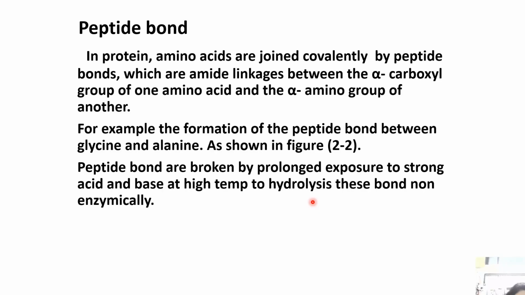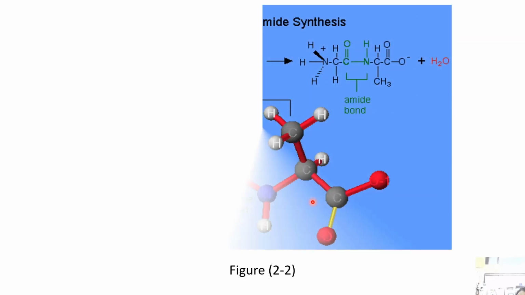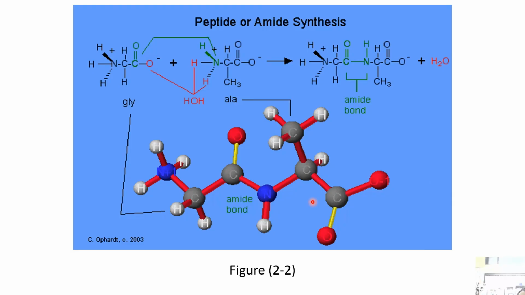Peptide bonds can be broken by prolonged exposure to strong acid or base at high temperature, by hydrolysis. These bonds can also be formed enzymatically. So, if you can see, this is the peptide or amide synthesis schematic.